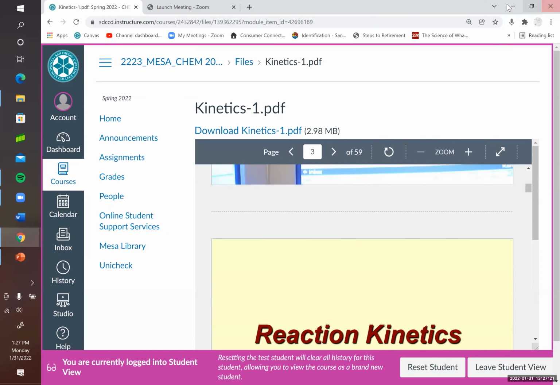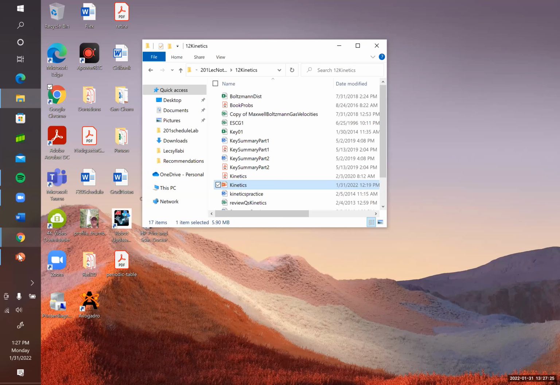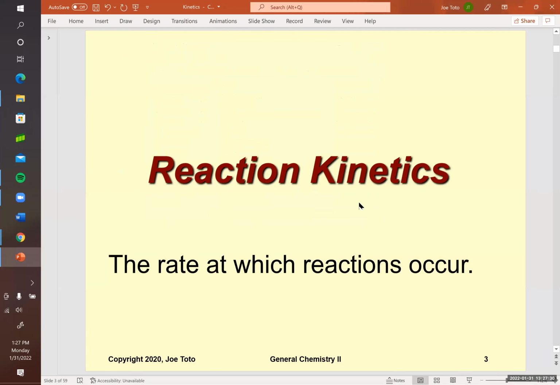But I'm going to just open that file because I have it here on reaction kinetics. And now we can talk about our first chapter, yay, in Chem 201, unless there's an objection.